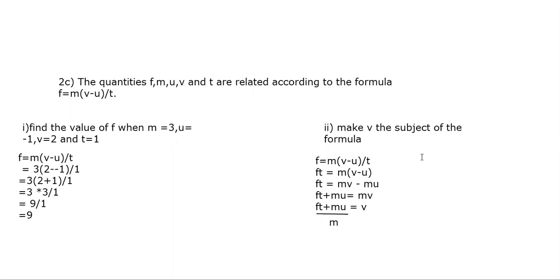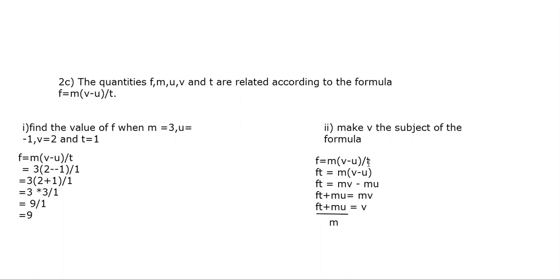In case you haven't had a grasp of what I just explained, let me go over it once more. First things first, we write the formula: F equals m open bracket v minus u close bracket divided by T. The first thing we want to get rid of is the division, because the division would cause a lot of confusion.